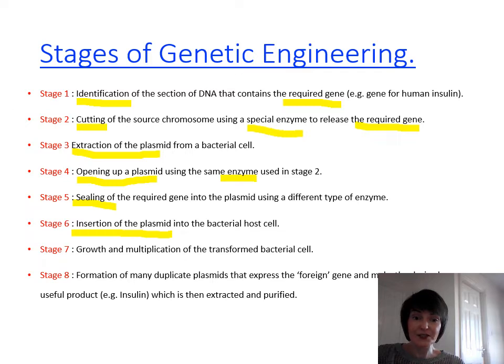After a period of time, growth and multiplication of the transformed bacterial cell occurs, and as a result you get many duplicates of the modified plasmid, and eventually you will be able to express the insulin, which can be then extracted and purified.